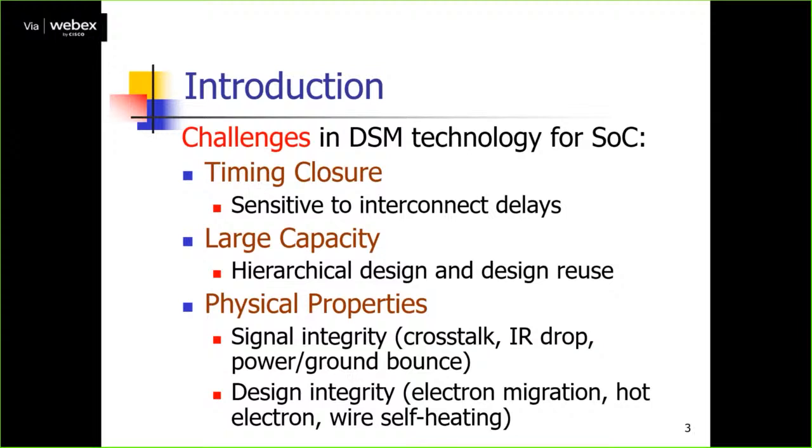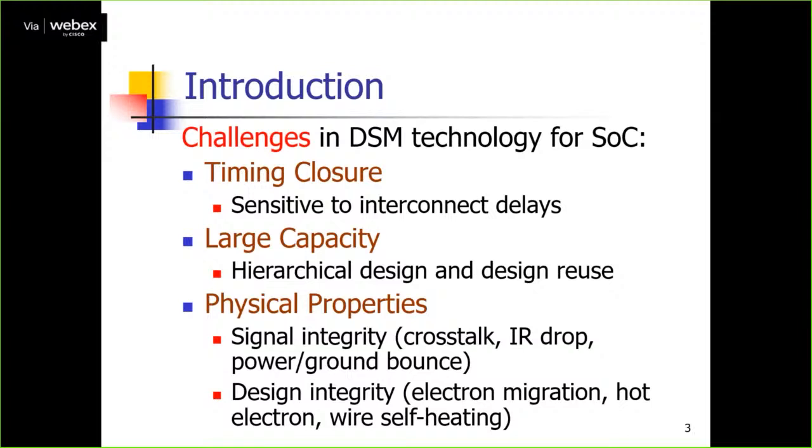The second one is the design integrity. So you have n number of process elements. We need to make them presented as a single functional element value or single processed SoC component value.